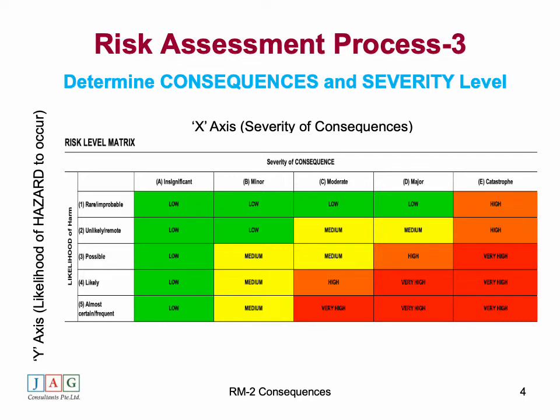So, if the severity level is catastrophic and likelihood is improbable, the hazard cannot be ignored. I'll repeat again. If the severity level is catastrophic and the likelihood is unlikely, the hazard cannot be ignored just because the likelihood is extremely remote, right? So that's very important. A hazard such as a main engine failure while transiting a canal, it's possible, the likelihood is very low, but the results can be catastrophic.